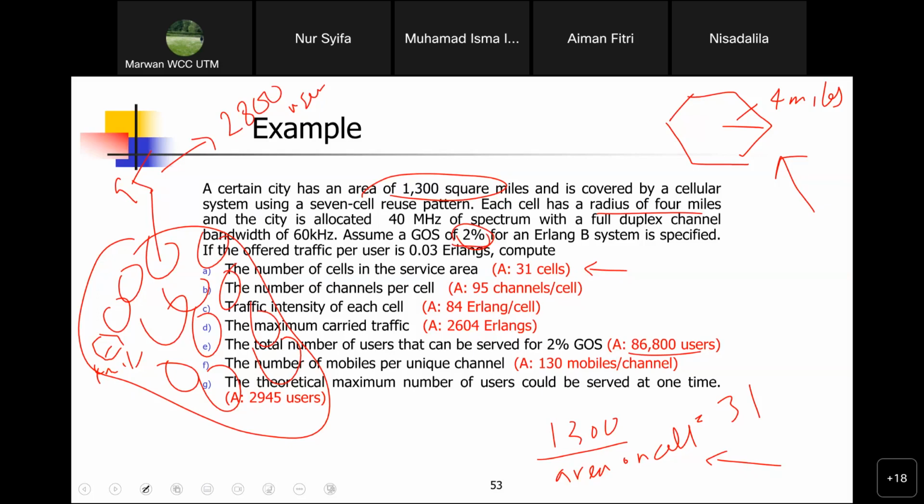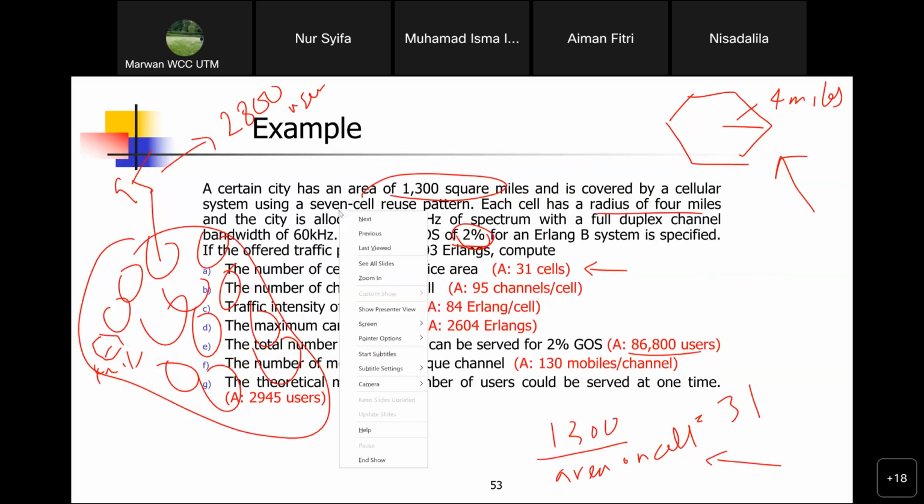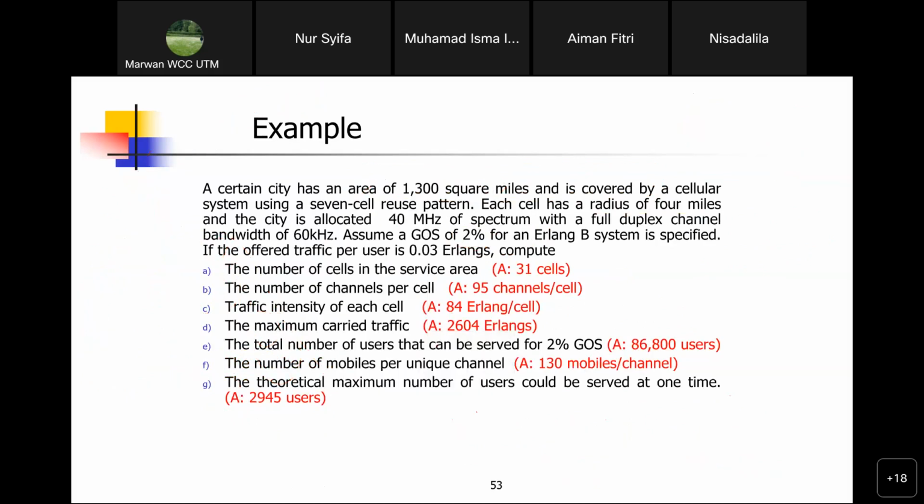But the idea is by introducing cost, a certain percentage of grade of service, you can further increase the number of users that you can serve. In this example, the number of channels per cell is 95, but you can use it to serve 2,800 users.